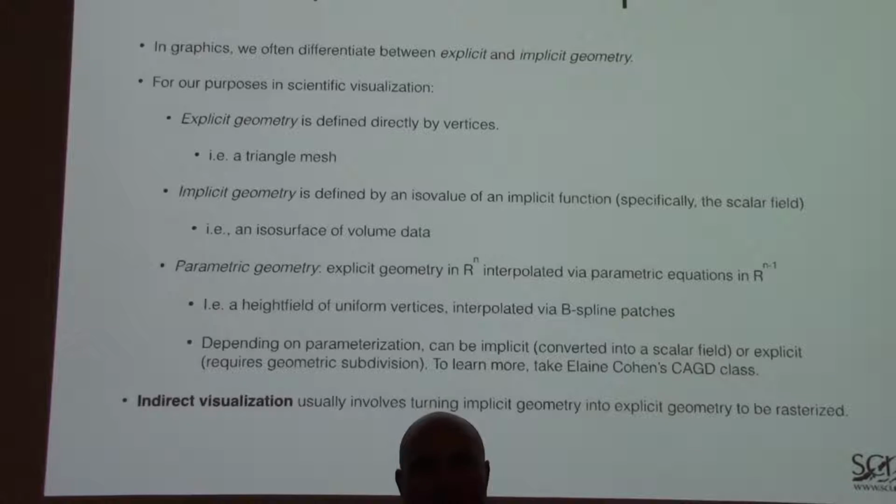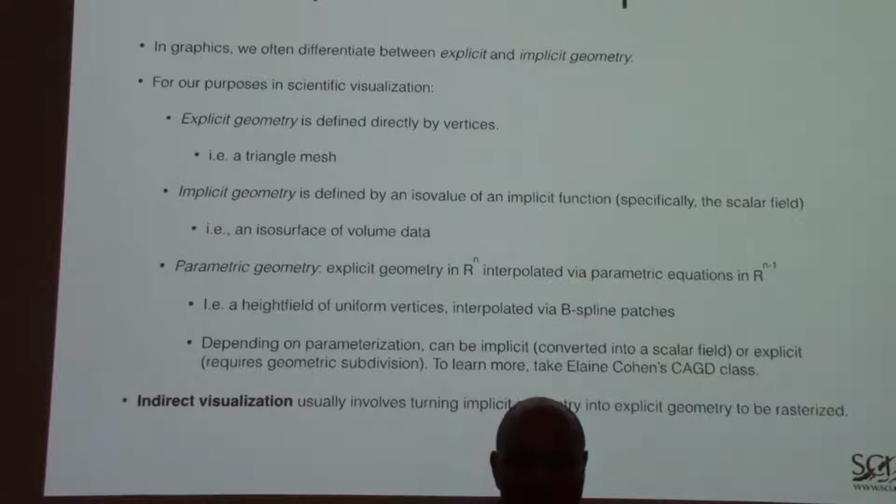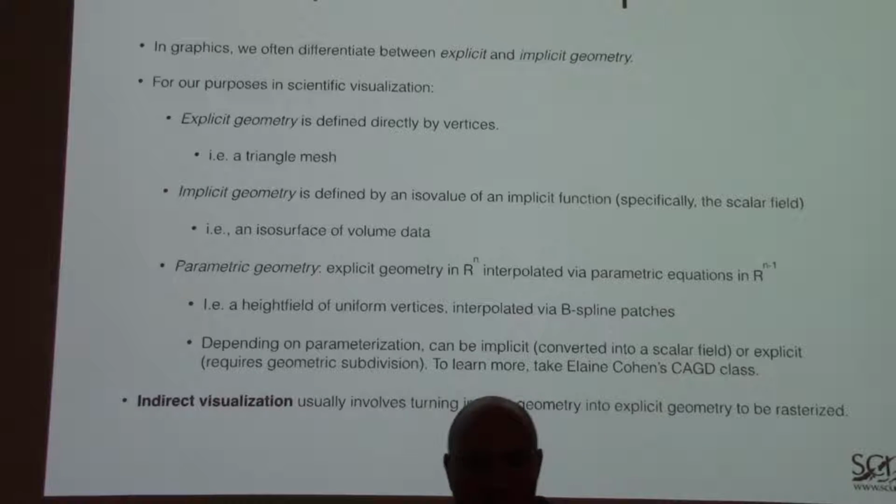And lastly, to confuse everyone just a little bit more, I'll mention parametric geometry. Parametrics are, in a sense, neither explicit nor implicit. They can be either or both. Depending on the parameterization, you can have a parametric form that converts to a scalar into explicit triangles via just an expression, and you can convert this into an implicit in some cases, and in other cases you actually can't.